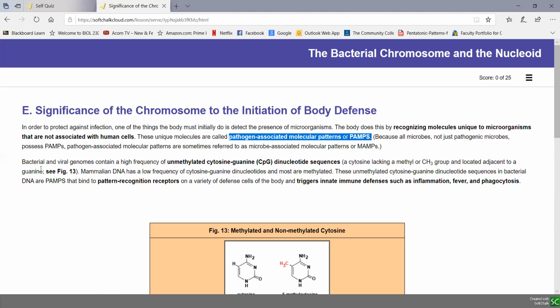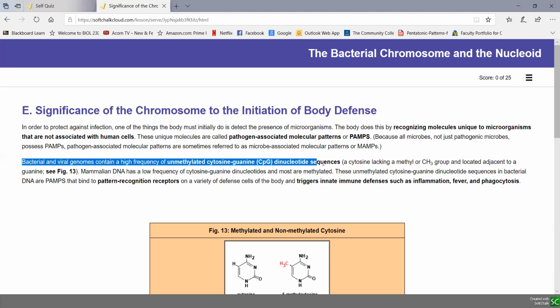But it turns out that both bacterial and viral genomes can initiate or activate innate immunity, because bacterial and viral genomes have a high frequency of what's called unmethylated cytosine guanine dinucleotide sequences.